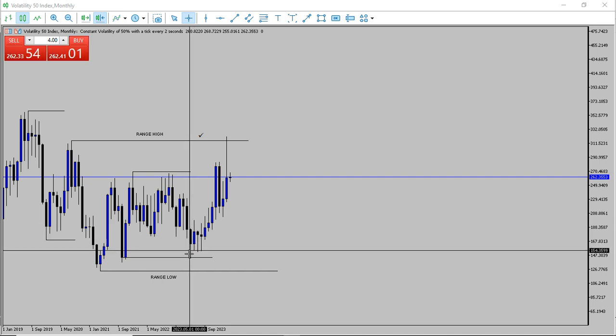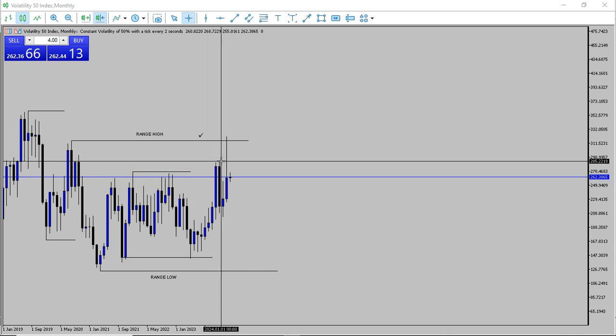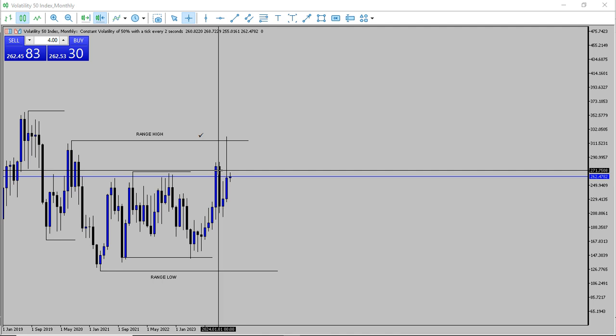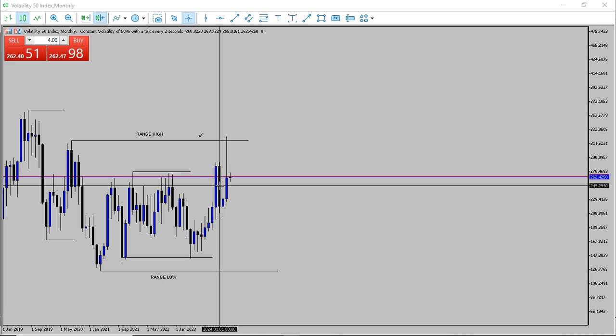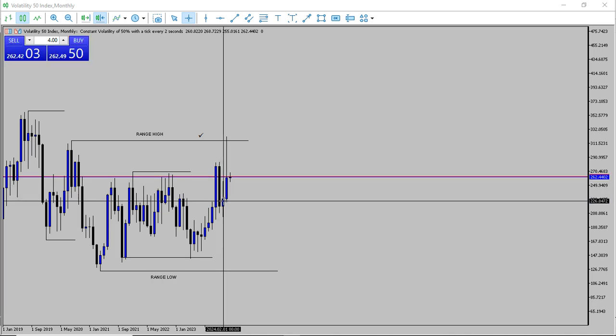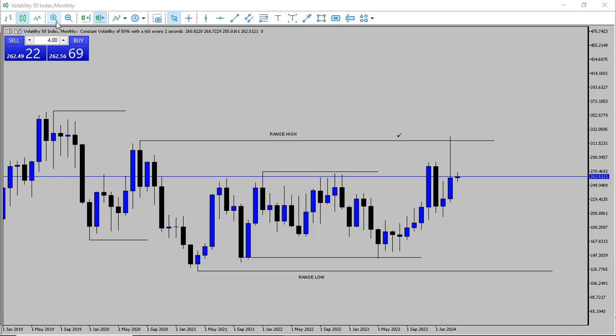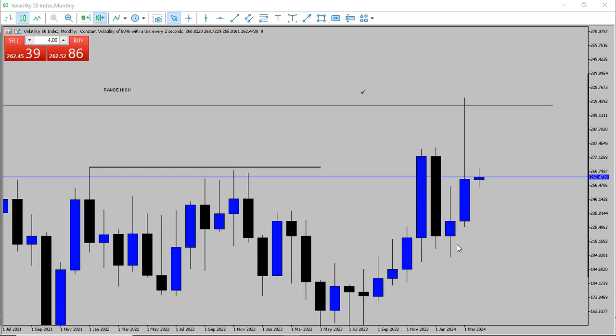So May maintained the low and December maintained the high. Now this year, which is 2024, we opened right here, right? So we have January, February, February hunting previous month low and shifted to go bullish, right?